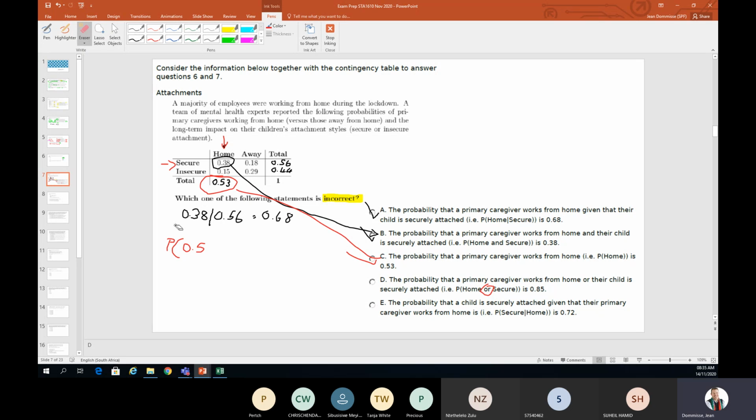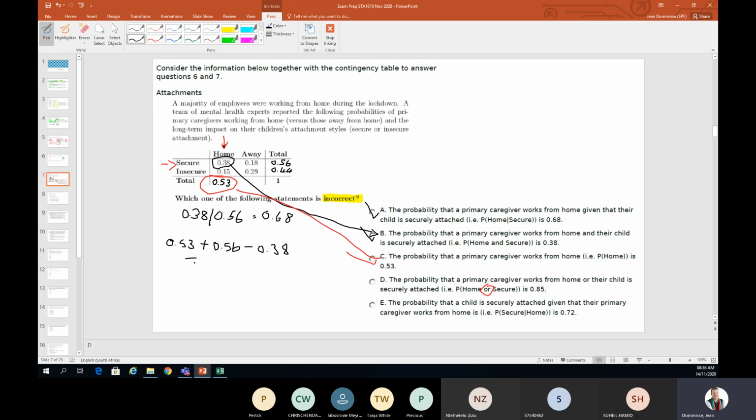Okay, sorry. Let's do that. So the probability of securing working from home was 0.53. The probability of being secure was 0.56. Remember, we want the or, so we need to subtract the and.